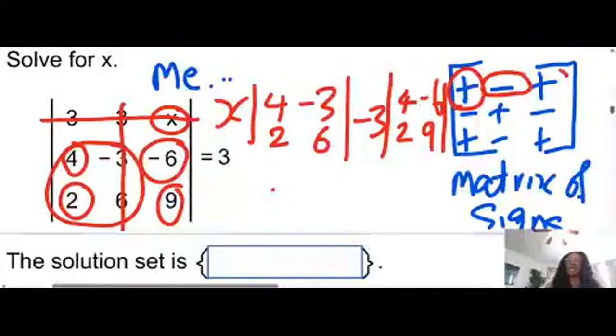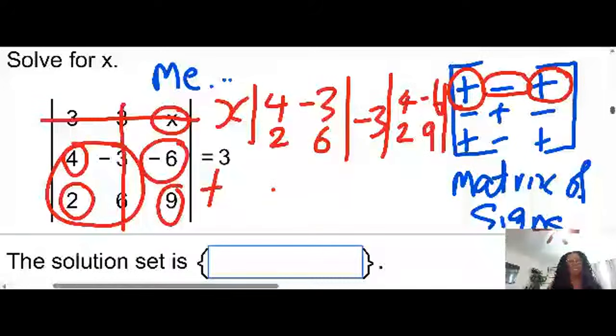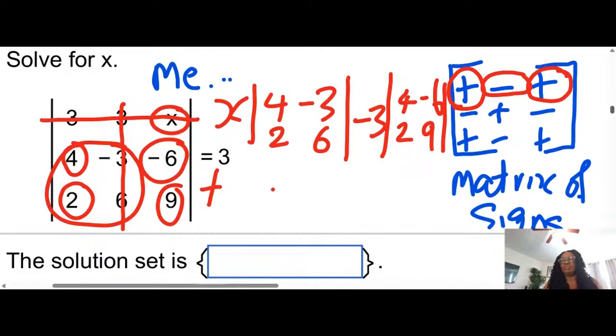The third sign says plus, so I'm going to write plus here, and I am using number 3. It doesn't really matter where I started. I can start from 3 or I can start from X, because X is still plus here. Either way, I still have the same signs. So I have plus 3. And then I want to get the 2 by 2 matrix that I will evaluate.